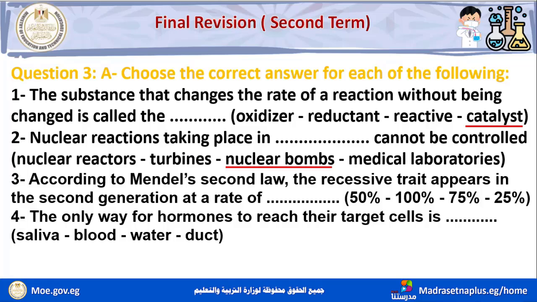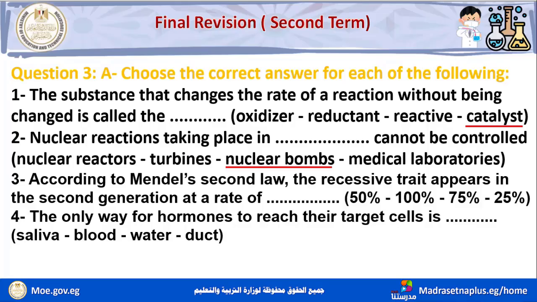Question number 3, according to Mendel's second law, the recessive trait appears in the second generation at a rate of space: 50%, 100%, 75%, 25%.